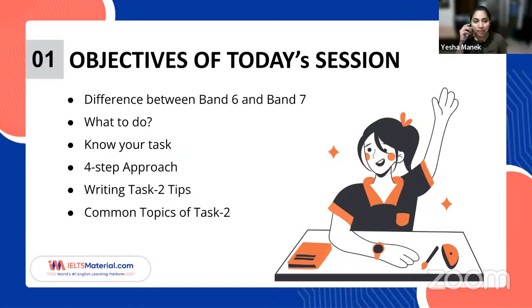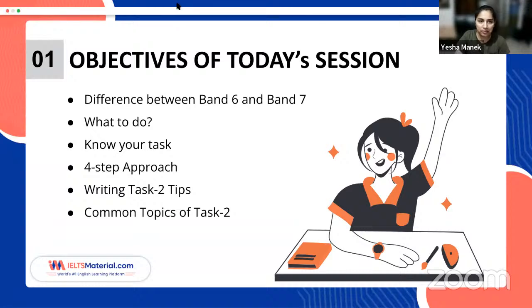What should you do when you get the task? How should you continue with your task? And the 4-step approach of doing this task. And finally, giving you the writing task 2 tips, and also making you understand about common topics of task 2.